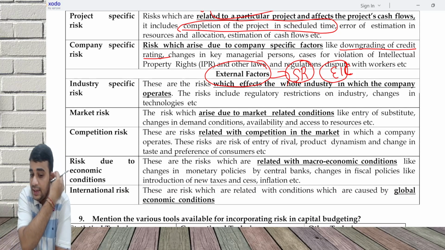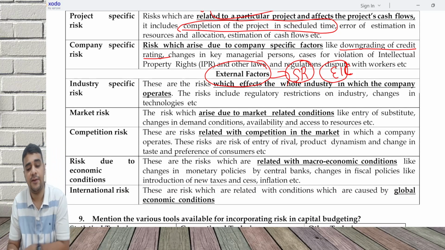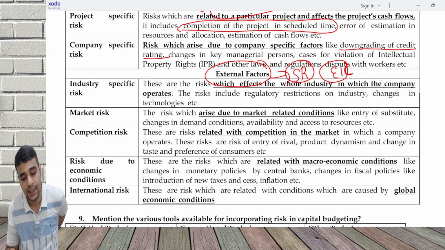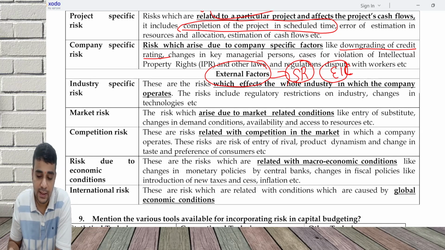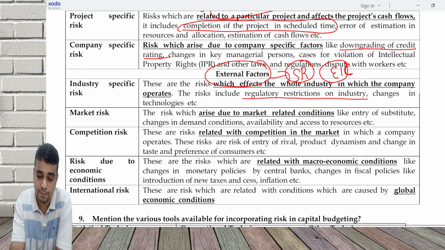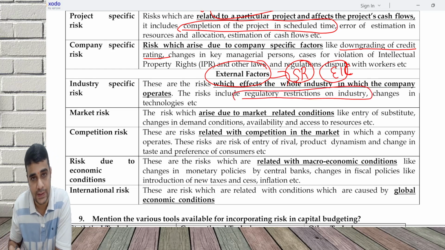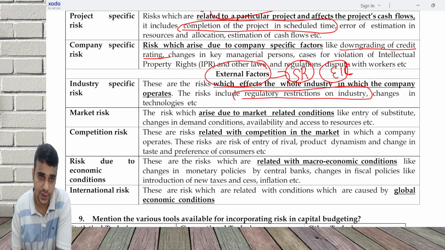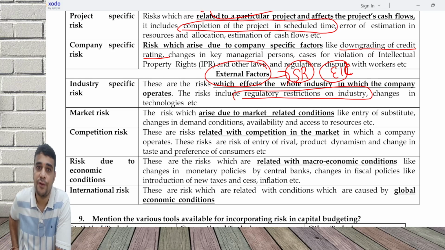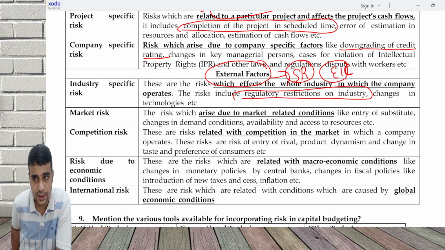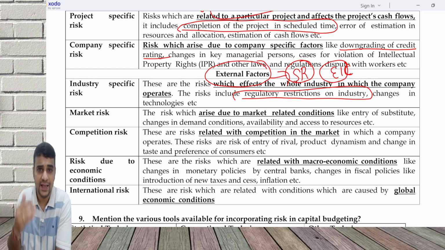The first one, industry specific risk. These are the factors which are going to affect the whole industry, which can be some restrictions which the government brought in. For example, the telecom industry. In the telecom industry, there are a lot of restrictions from the government side on various factors.